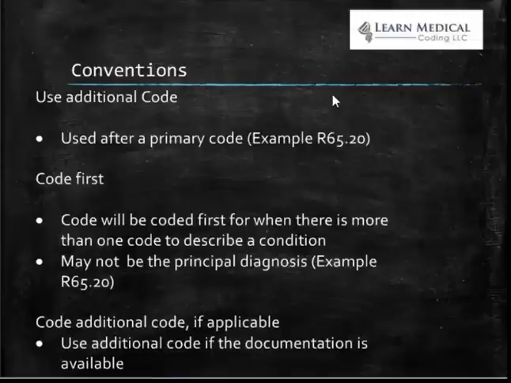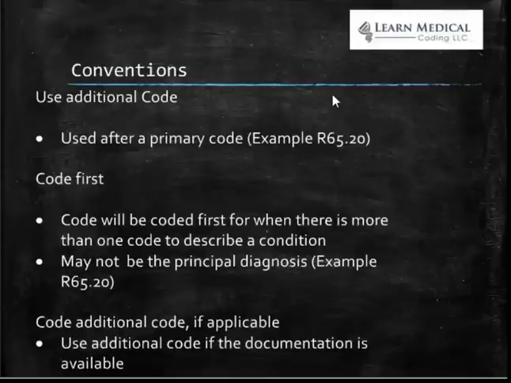There's a list of some examples of what the organ dysfunction may be. What that means is that R65.20 will be coded, then you will need to code a second code after that code because it tells you to use an additional code. So you're adding that code.